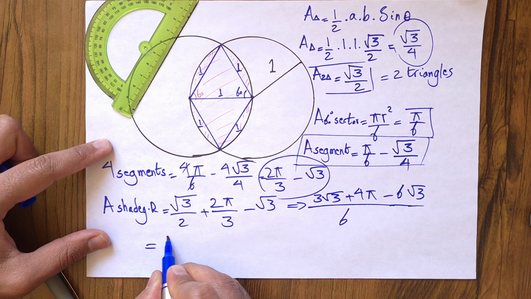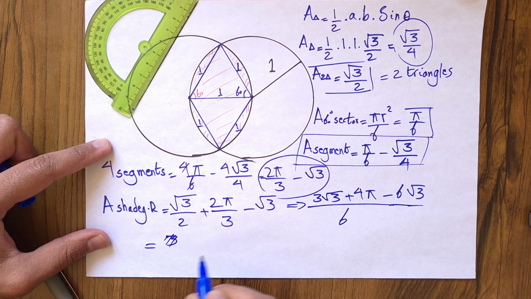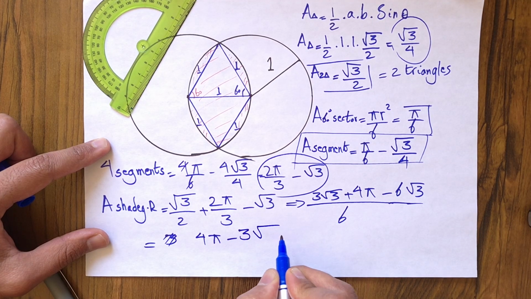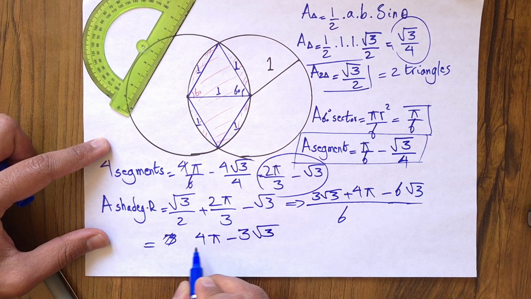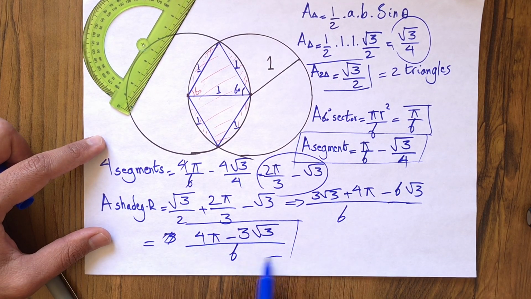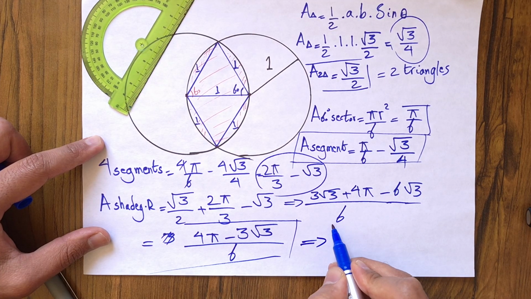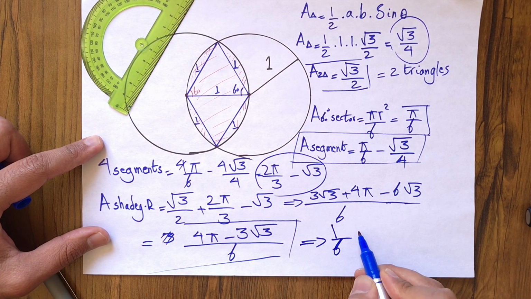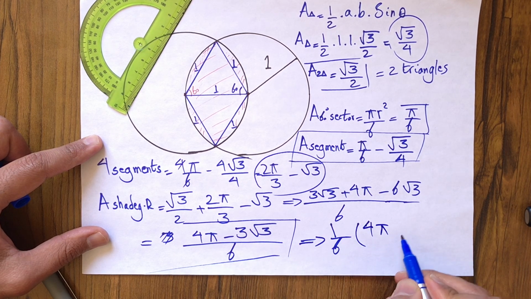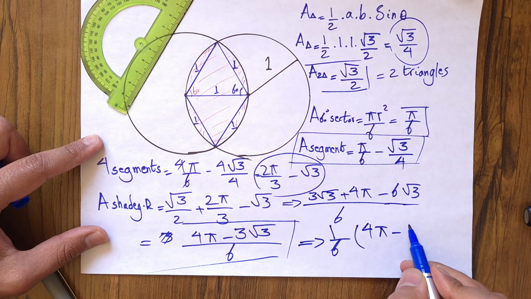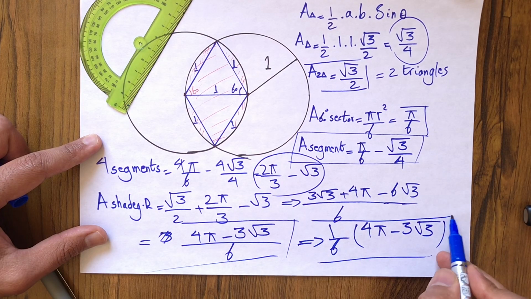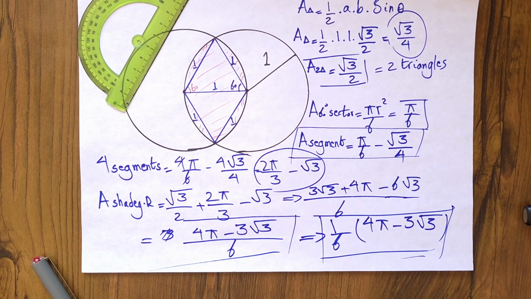It becomes 4 pi minus 3 root 3 over 6. And that's the final answer. We can simplify that further. Maybe we can write it like this, so that it becomes easier to understand: 1/6 times 4 pi minus 3 root 3. And that's the final answer. That's the area of the shaded region.